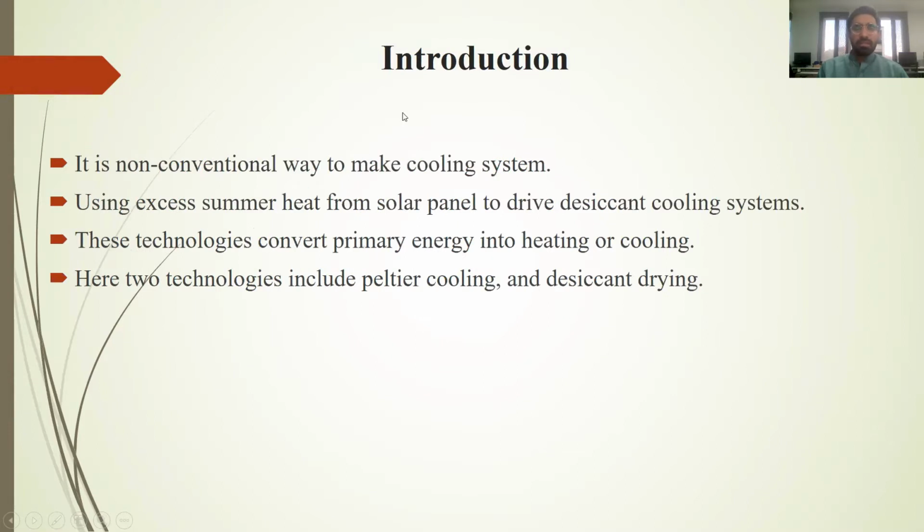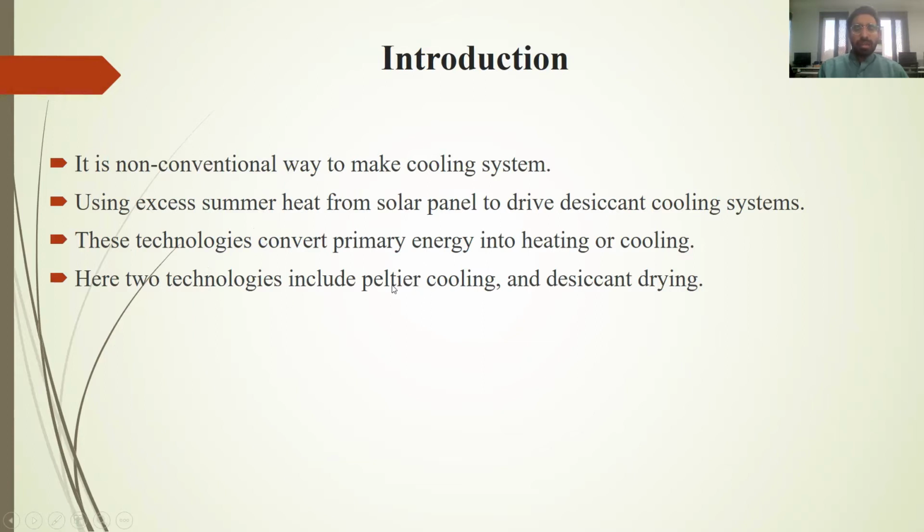This is the introduction of our project. It is a non-conventional way to make a cooling system. This cooling system uses excess summer heat from the solar panel to drive the desiccant cooling system. There are two technologies involved.